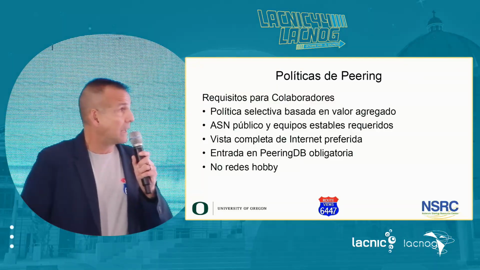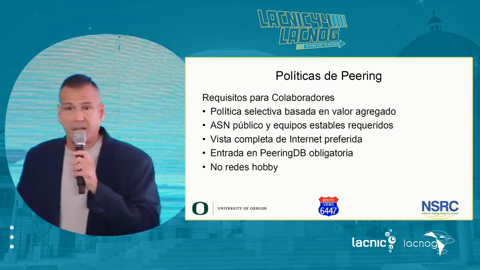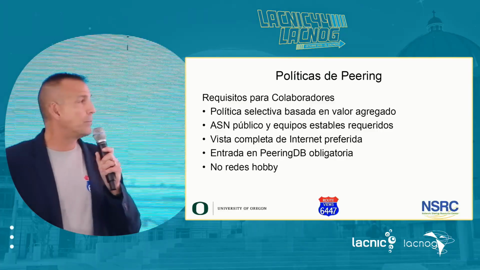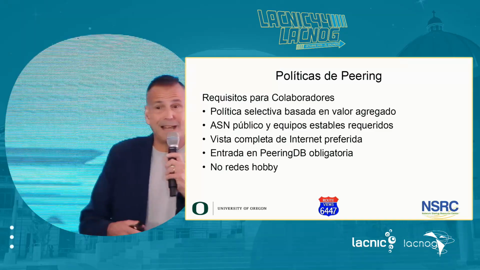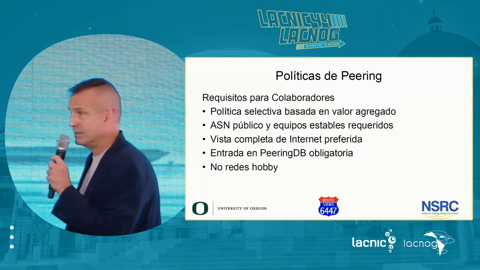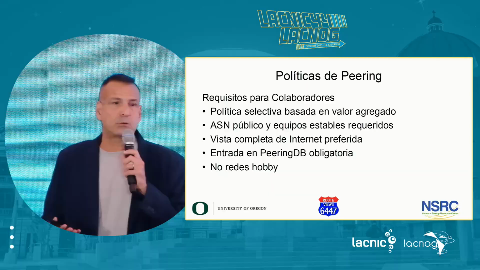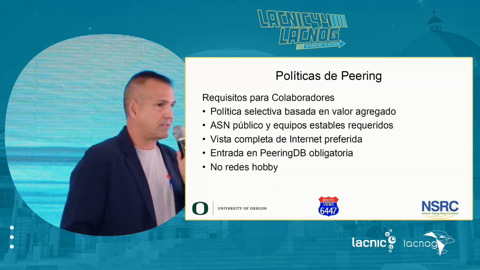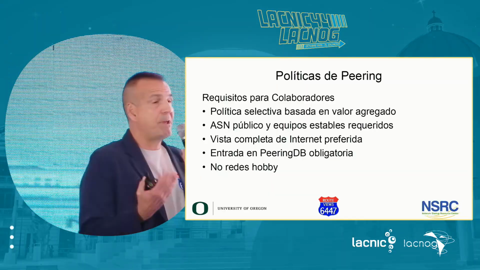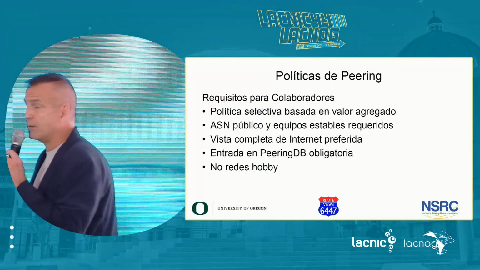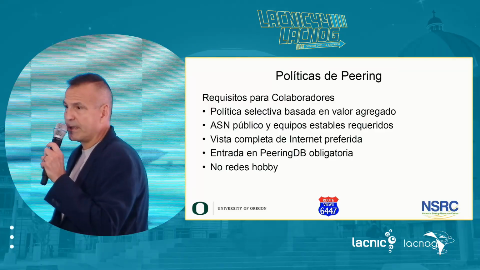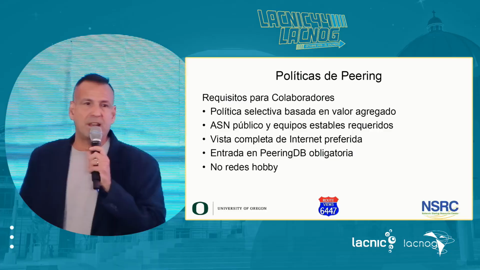We also want the equipment, we want the autonomous system to be public. It must be public, it cannot be private. And the equipment and the location need to be stable. Why? We don't want those collectors to appear and disappear. Sometimes it is better to have no information at all rather than bad information or information that is not available.